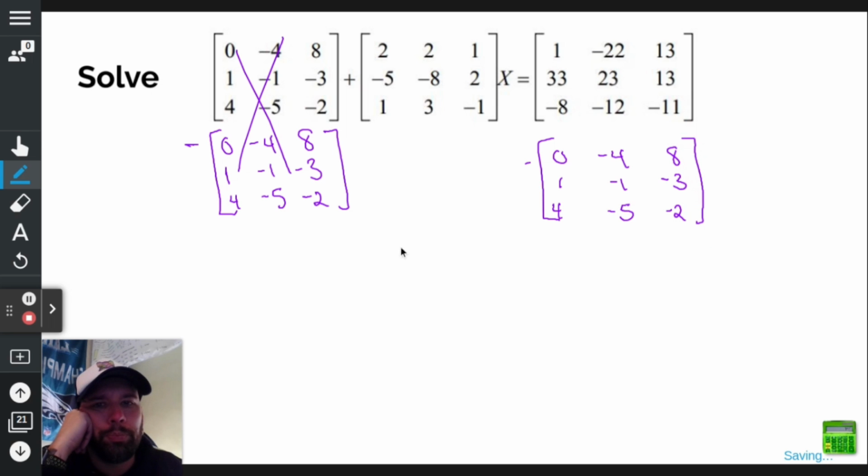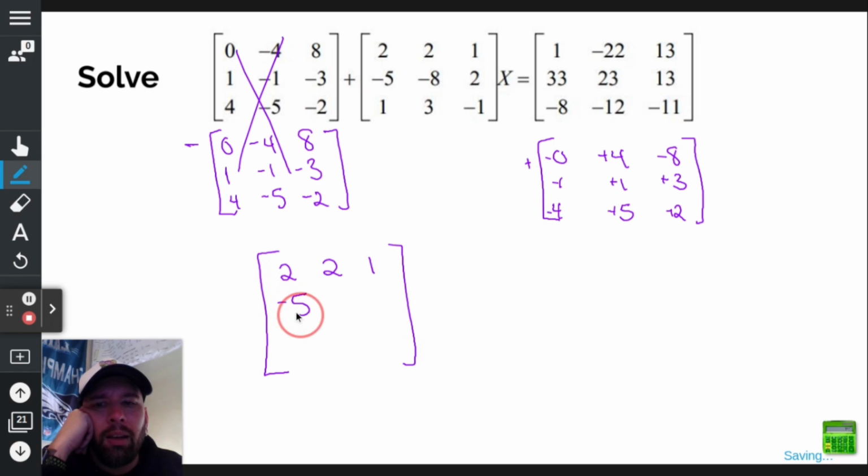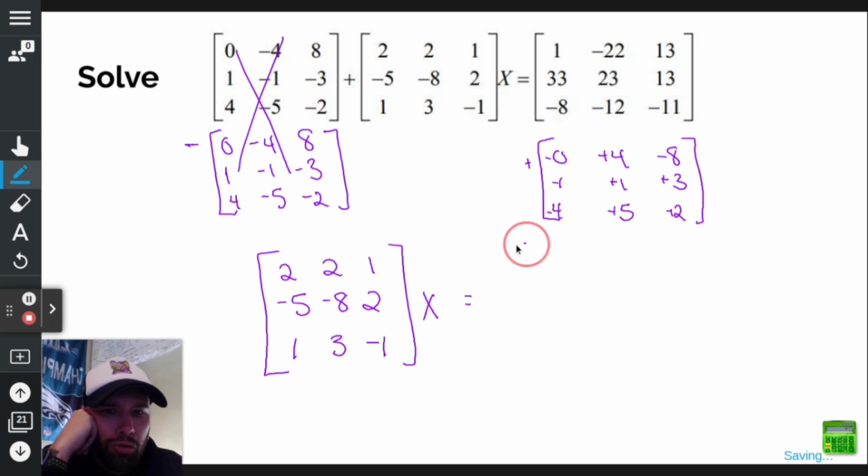Hung up. I don't like minusing, so I'm going to plus the opposite. So plus the negative. And so now what we have is 2, 2, 1, negative 5, negative 8, 2, 1, 3, negative 1, x equals 1, was that plus 4?